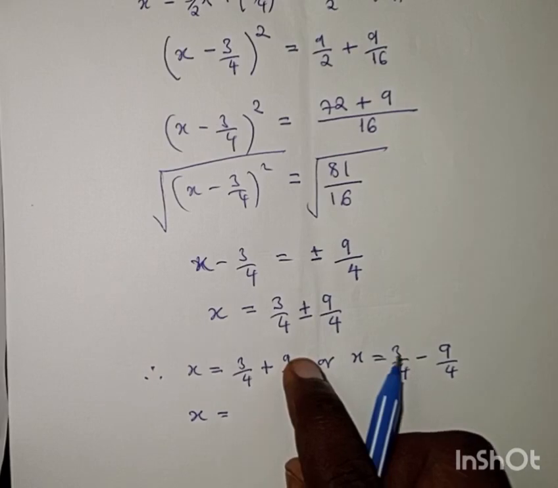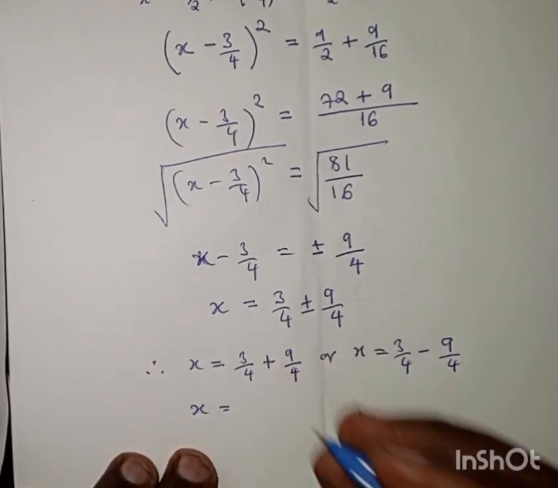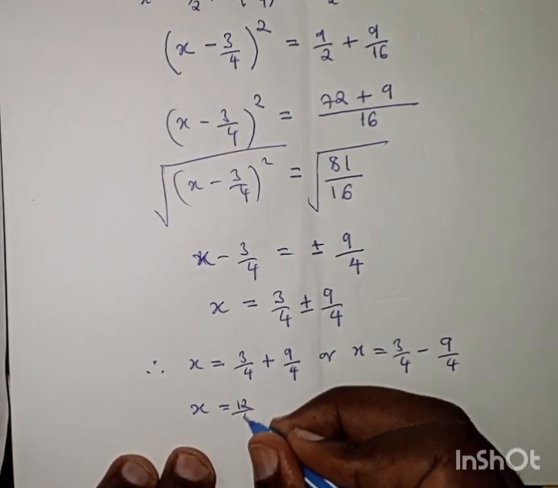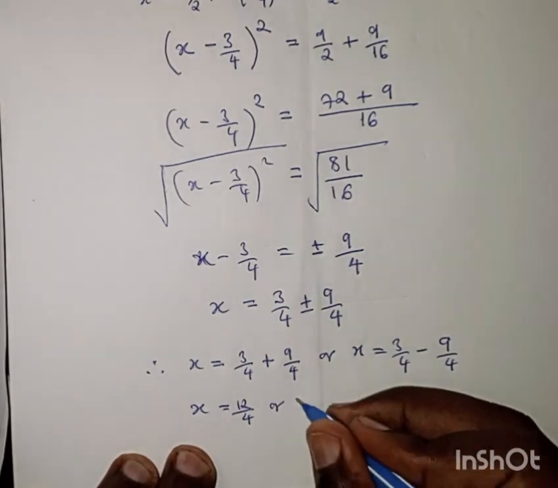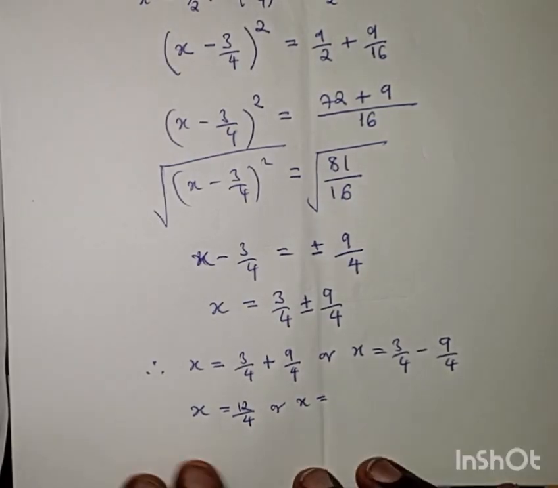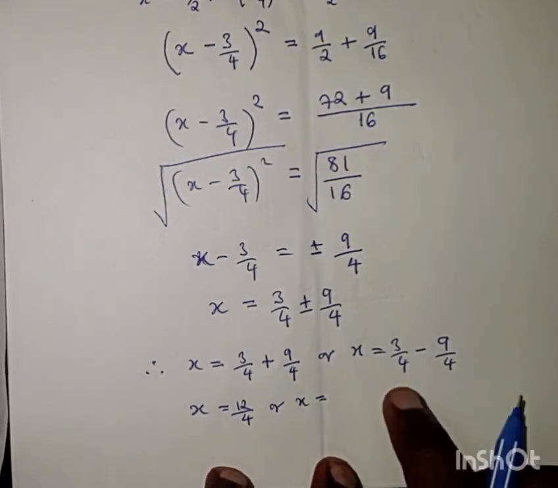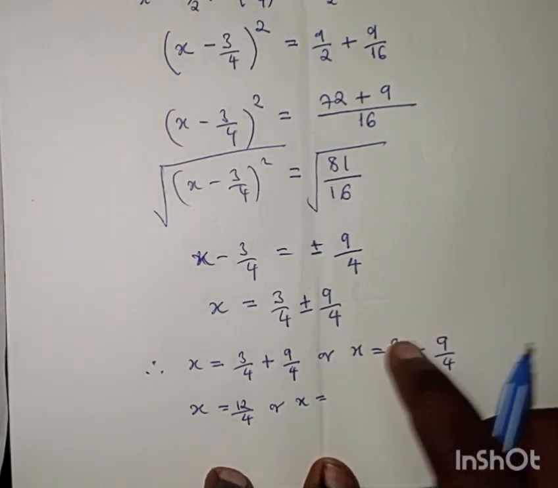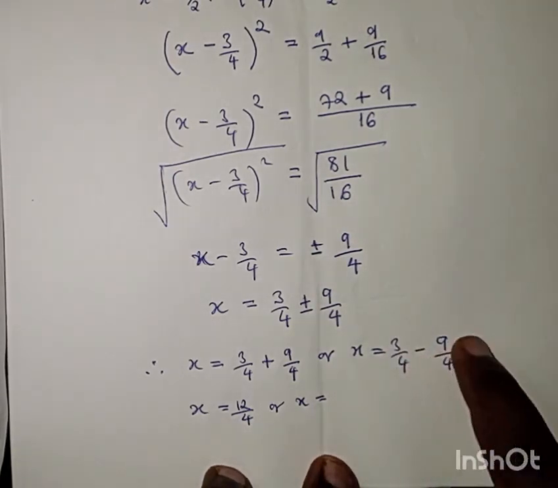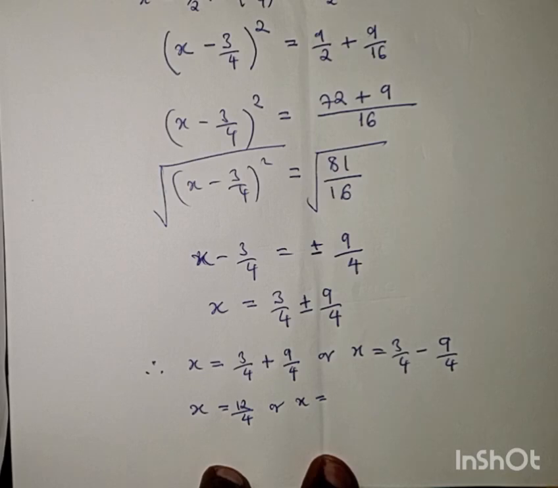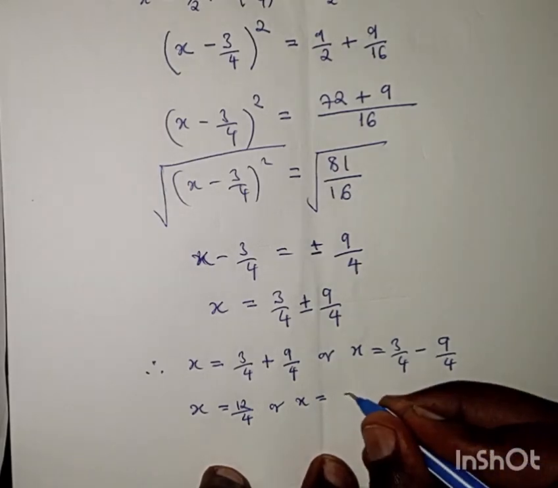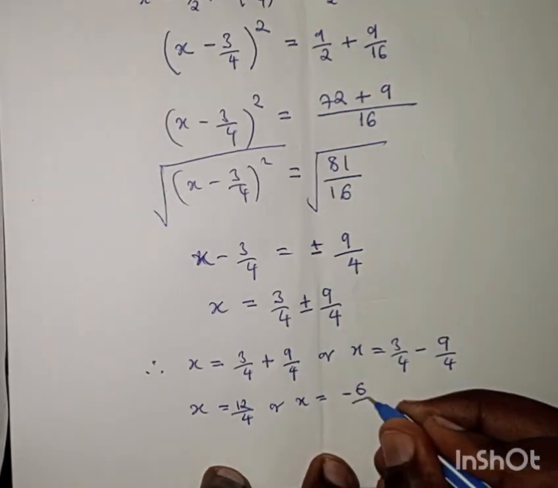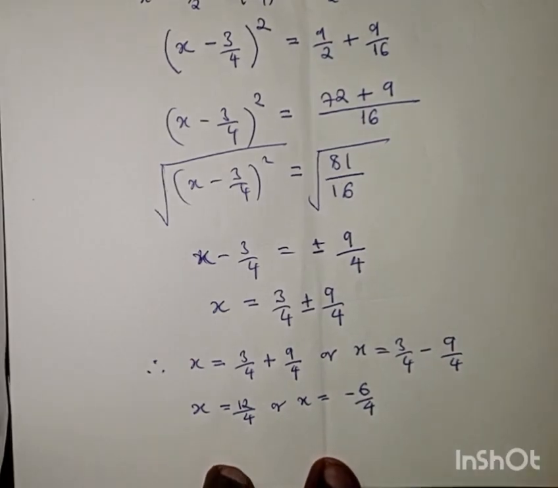So we say 3 plus 9 is what? 12. So we have 12 over 4. Or x is equal to, and here we have a common denominator, so you just work out the numerators. So what is 3 minus 9? 3 minus 9? Yes, it's negative 6 over 4.